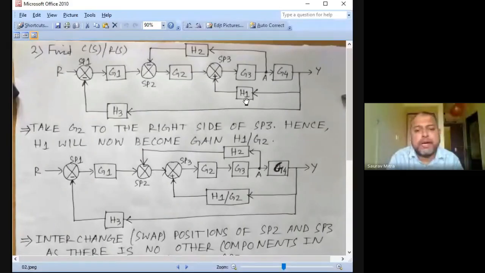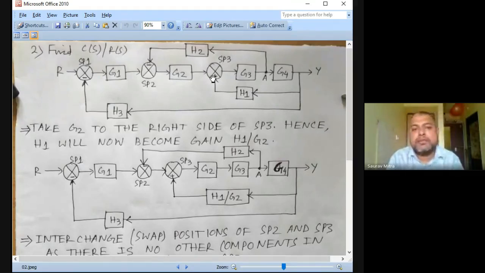While doing that, as you shift this SP3 to the left, H1 is becoming H1 by G2. This is a change which has happened. Take G2 to the right side of SP3; hence H1, which is connected to SP3, will now become H1 by G2.